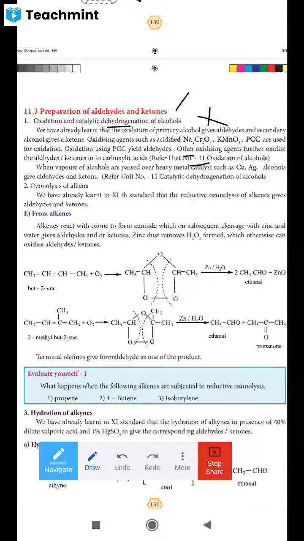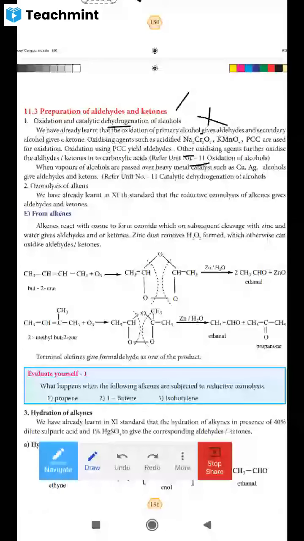We have already learned that oxidation of primary alcohol gives aldehydes and secondary alcohol gives a ketone. This statement we already studied in 11th itself. Do you remember? Okay. Again I will tell you, oxidation of primary alcohol gives aldehydes and secondary alcohol gives a ketone.